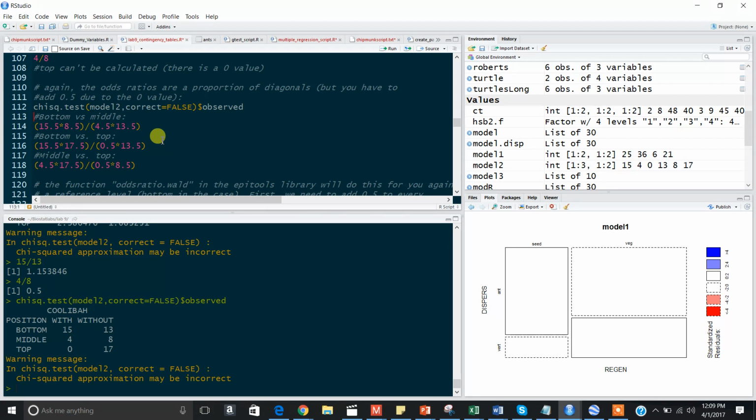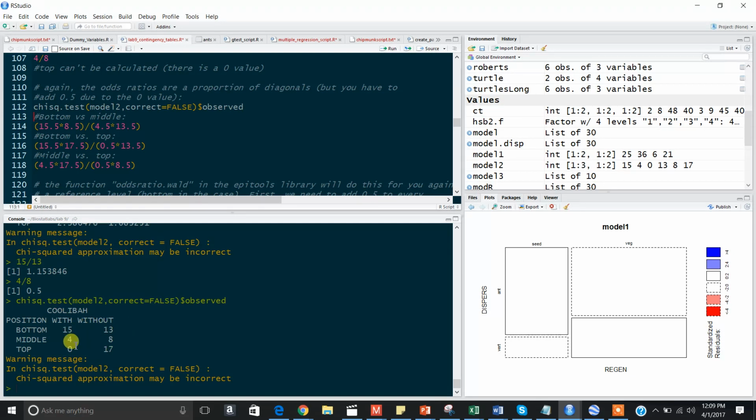So to calculate the odds ratio for bottom versus middle positions, we would take 15, and again, we're adding 0.5 to everything. So 15.5 times its diagonal, 8.5, divided by 4.5 times its diagonal, 13.5.